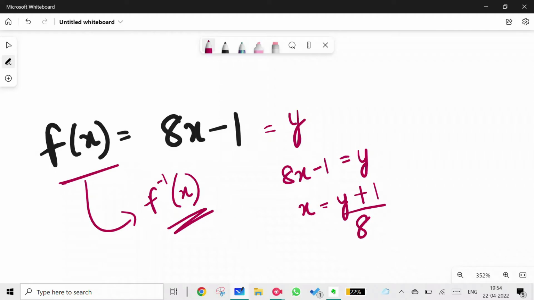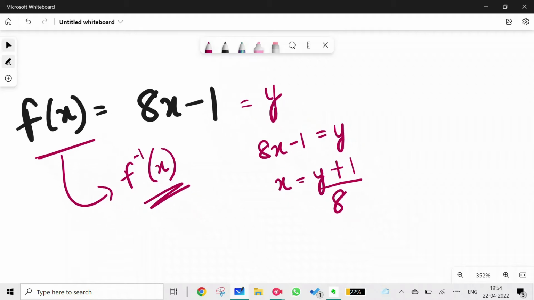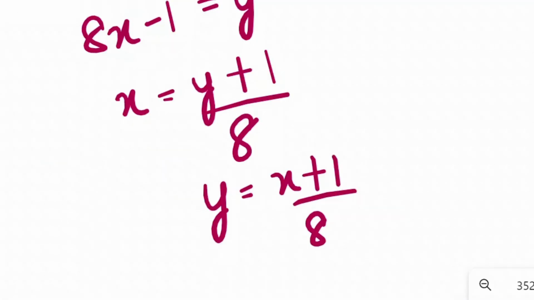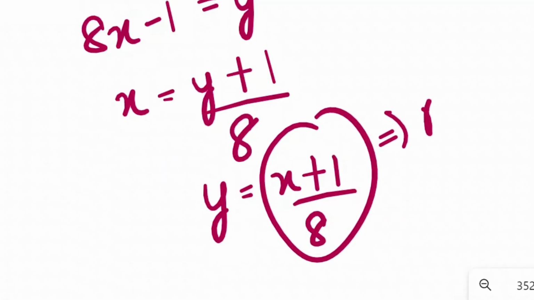The second step is to switch the alphabets. So instead of x, write y, and instead of y, write x. So it's going to look something like this. Y is equal to (x plus 1) by 8. Now there you go. This is your f inverse of x. So that is how you find an inverse function, just in 2 simple steps.